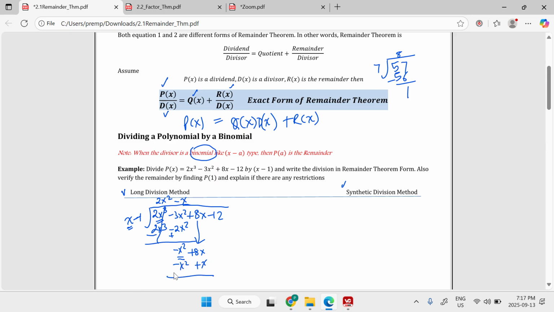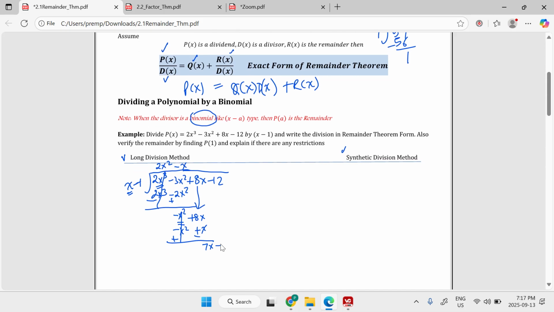Again we subtract them, so the sign will change here and this will cancel. You get 7x minus 12, and then you want 7x here, so you do plus 7, and you get 7x minus 7. When you subtract it, this will cancel, and you will get negative 5.